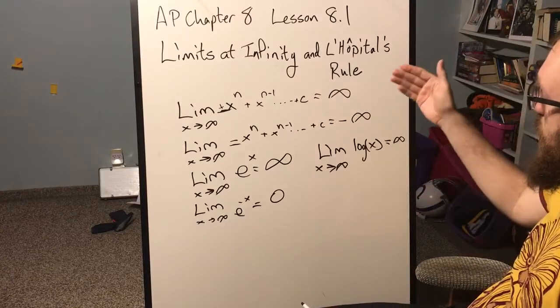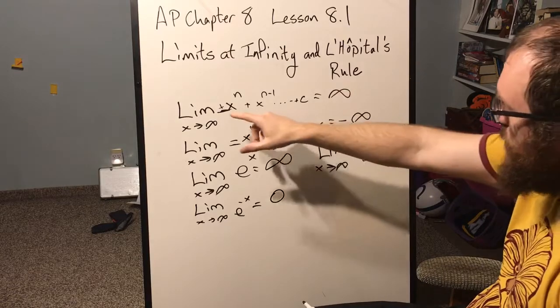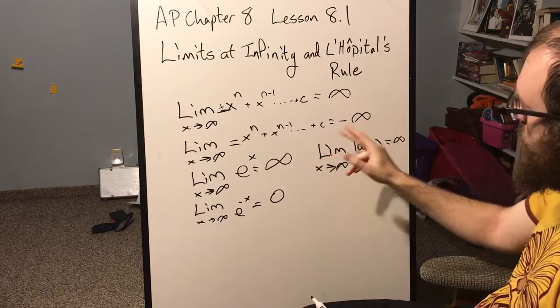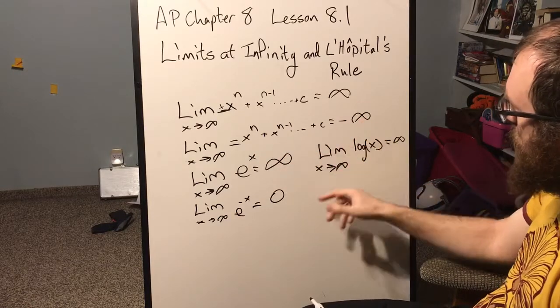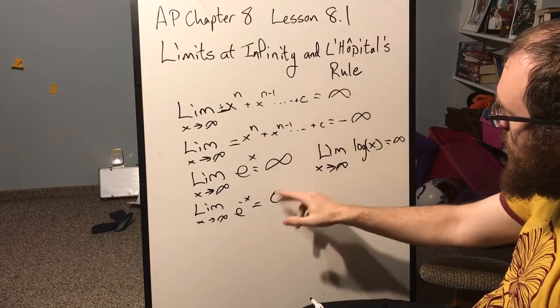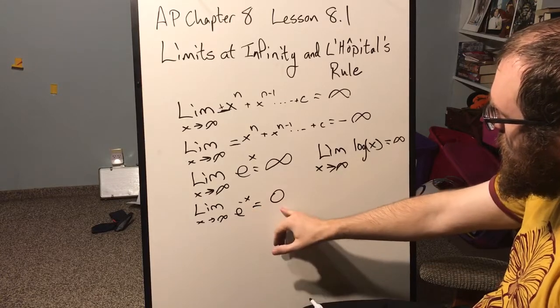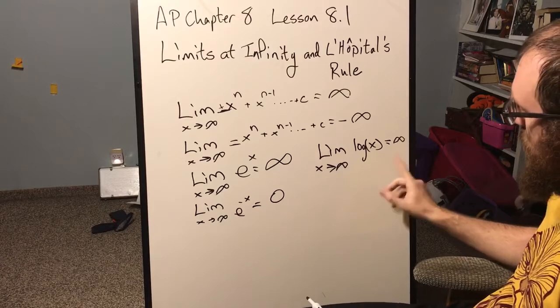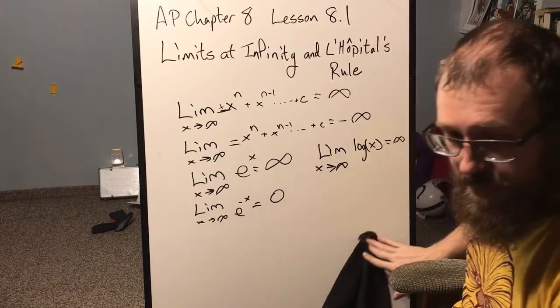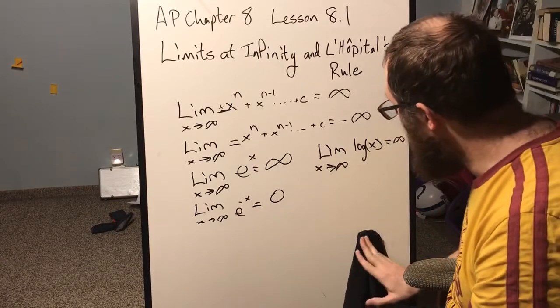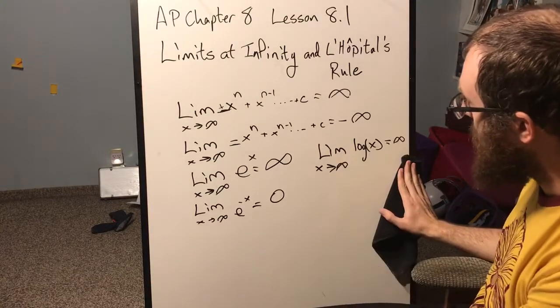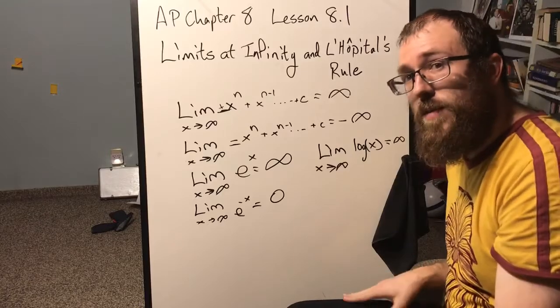So now that we know that polynomials with a positive leading coefficient are headed toward infinity, polynomials with a negative coefficient are headed to negative infinity, e to the x is headed to infinity, e to the negative x is headed to 0, and logarithmic functions are headed toward infinity. Now we can really piece this together. This is all pretty basic, you could just have thrown them in your calculator.